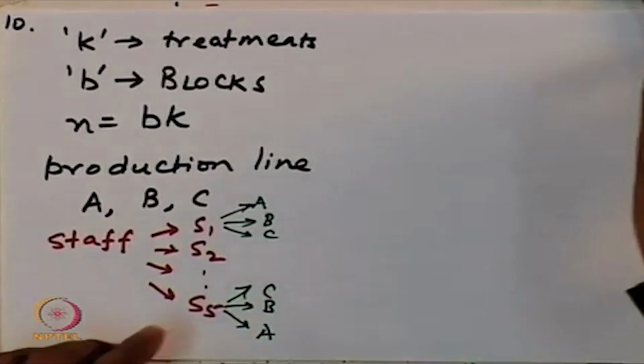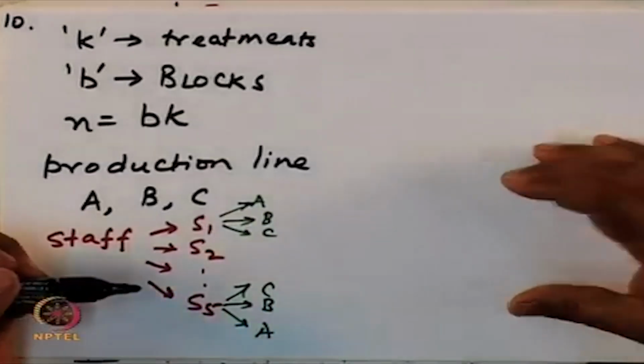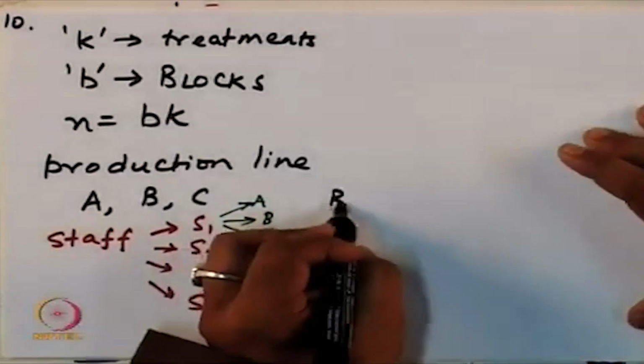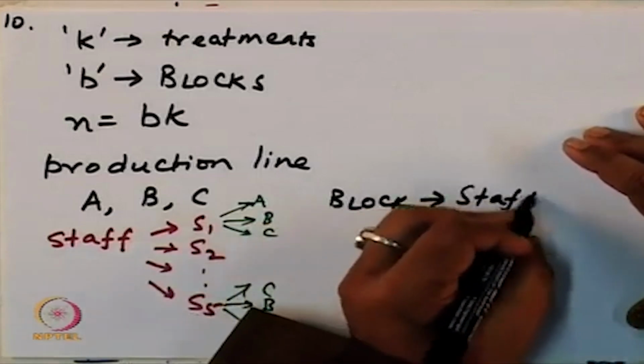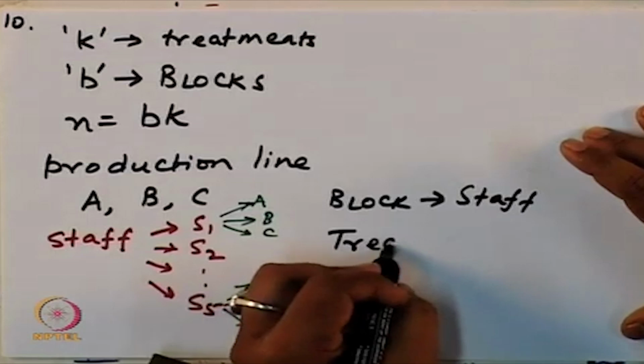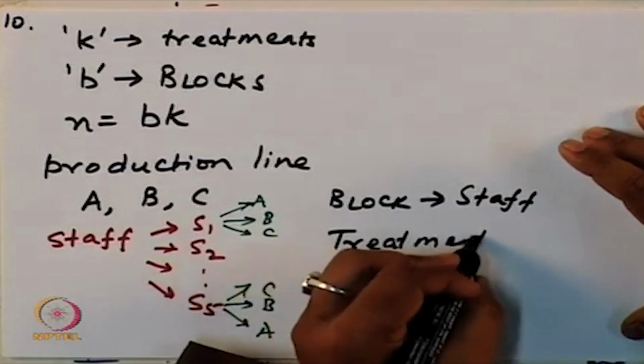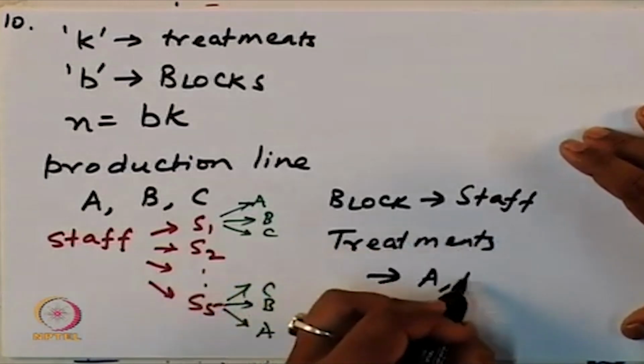So, in this case you have your blocks or your staff, and your treatments are A, B, C.